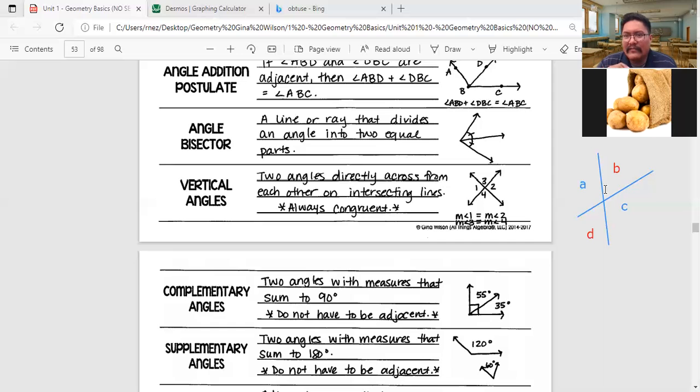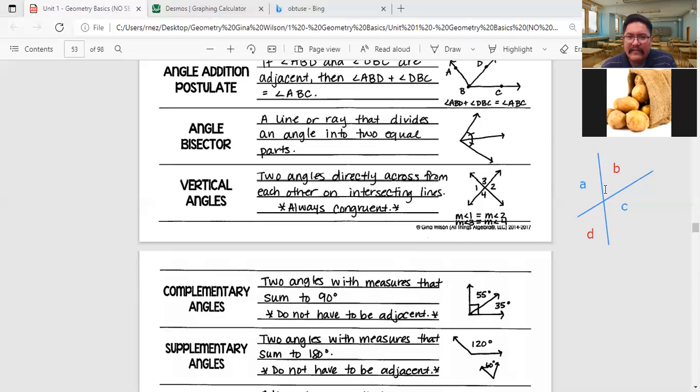So again, this one's a little bit of a better way of explaining it because the diagram they give you does look like angle 1 and angle 3 could be the same size, and they could all be the same size. So that's why I made that example that's a little bit easier to follow. And I made them obviously different, and you can tell they come in pairs that would match.